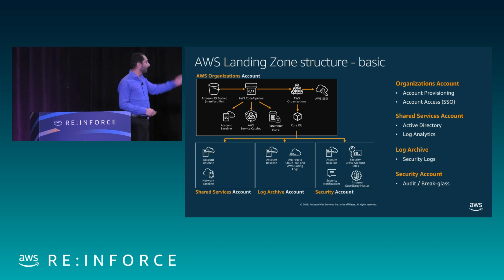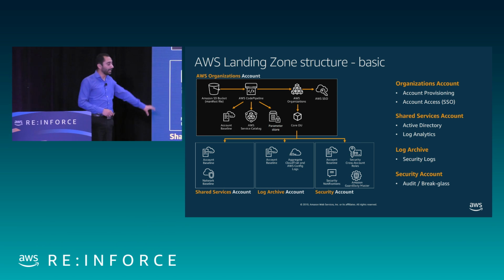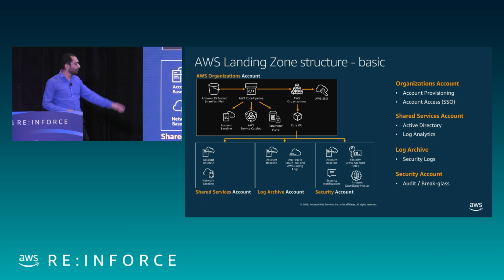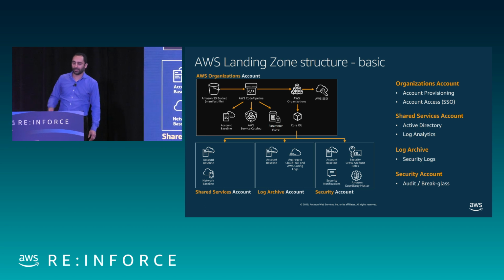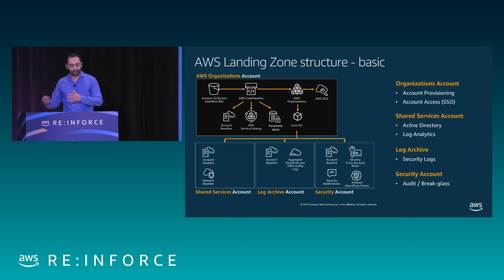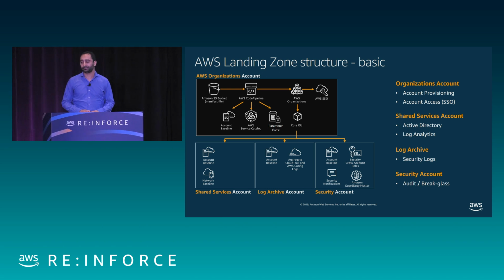So it sets up the code pipeline. We've got a shared services account, log archive, security, the cross-account roles, configures the log archive account so that the logs from those security things are going there. Enables config, enables a number of guardrails, things like config rules that report on encryption.